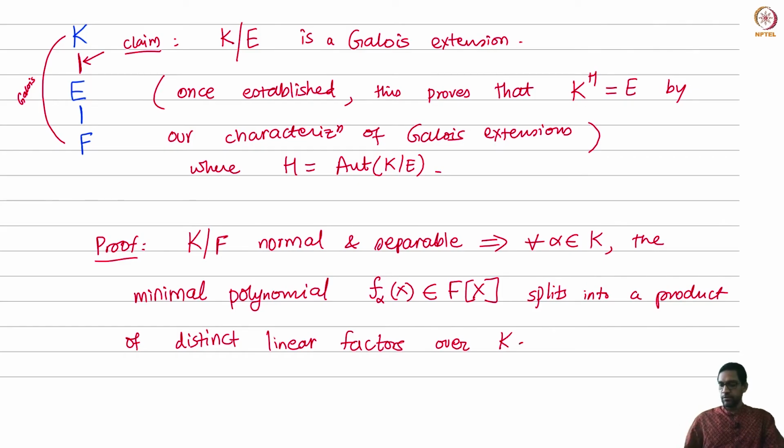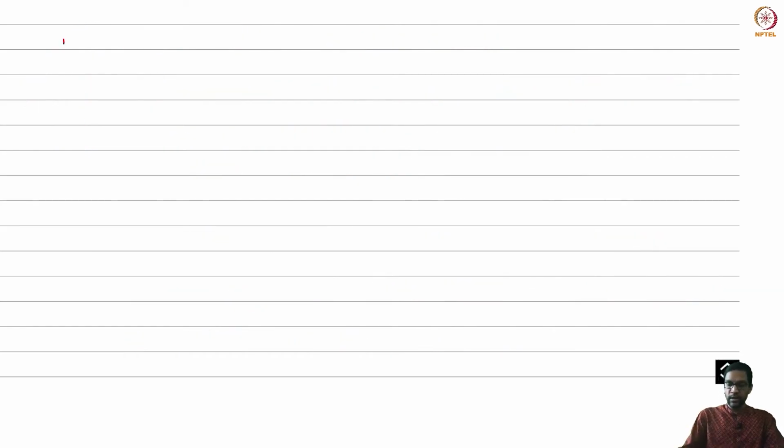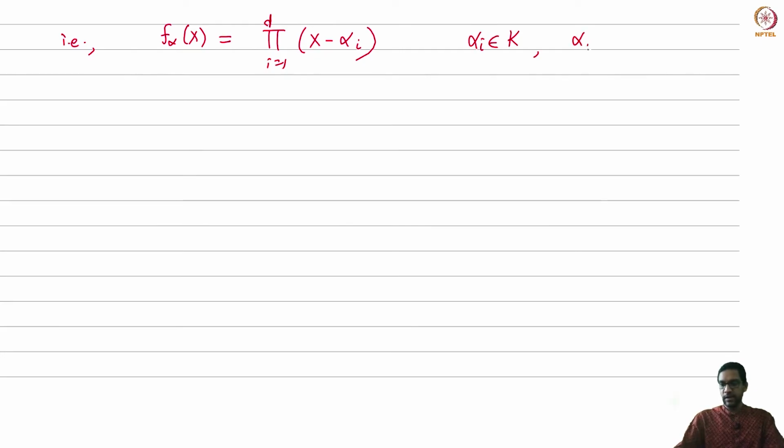In other words, when I write f_alpha of X, it expands like this: the product of (X minus alpha_i), i from 1 to d, where the alpha_i are all elements of K, alpha_i not equal to alpha_j for i not equal to j, and d is just the degree of f.